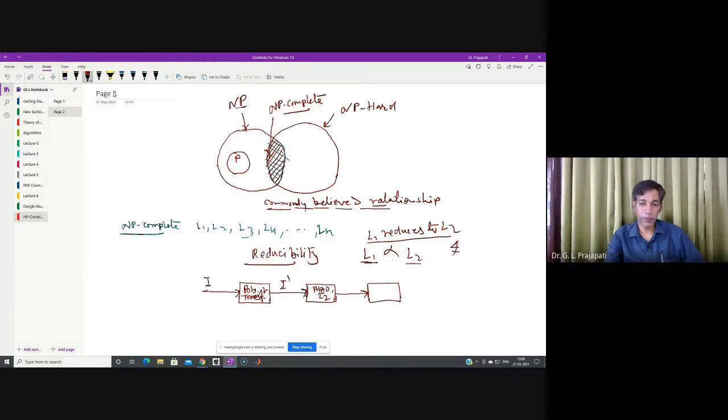But the output of this algorithm may not be in the form L1 needs. So this output is transformed into the output of L1, and you will come to know the output of algorithm L1. Again you need some polynomial time transformation.